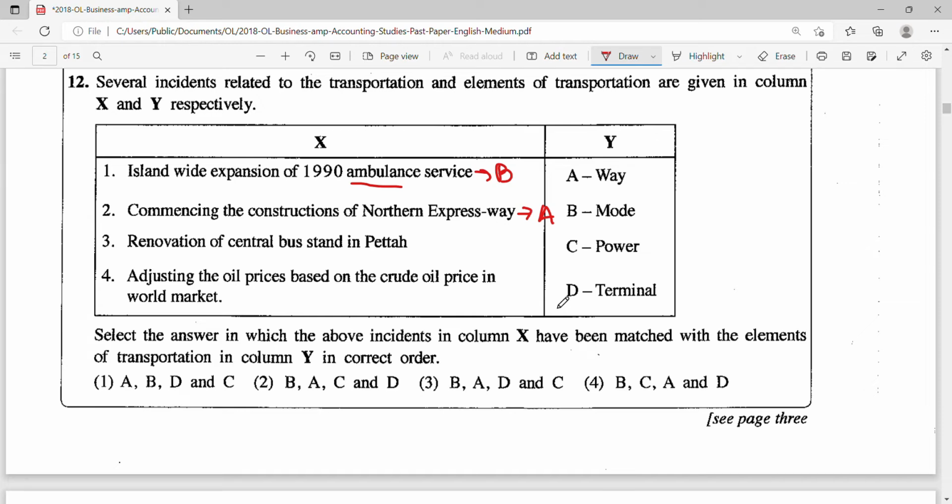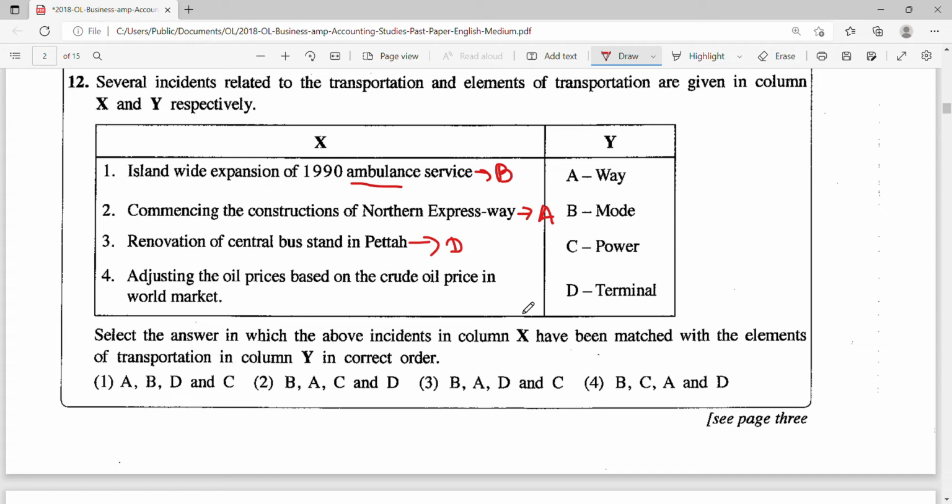Renovation of central bus stand in Peta. Here they are talking about a bus station, a bus stand. This is a station or a place where vehicle buses are handled or kept. So for the third incident, the correct element is D, which is the terminal. Finally, adjusting the oil prices based on the crude oil price in world market.